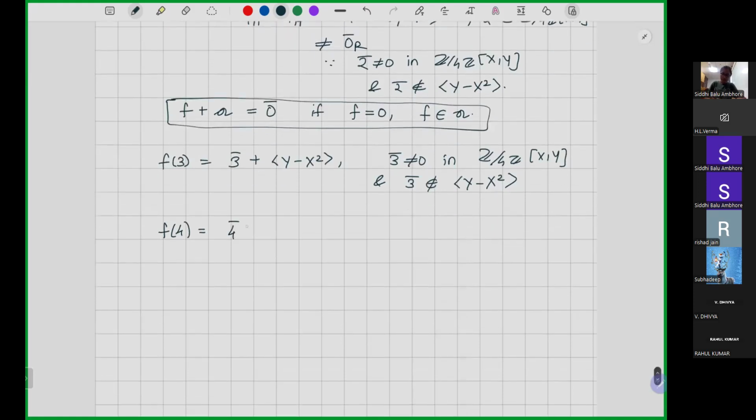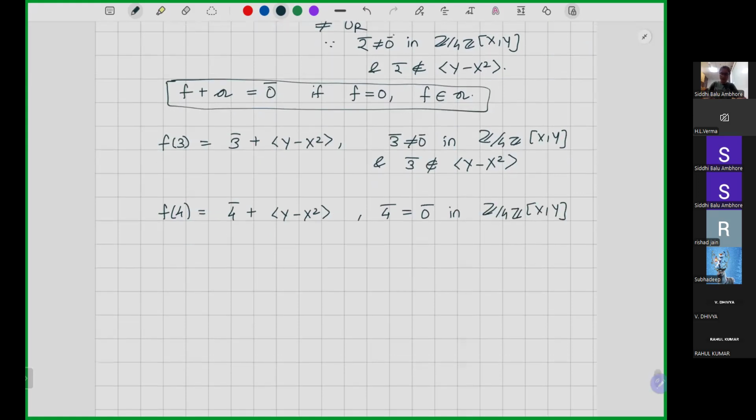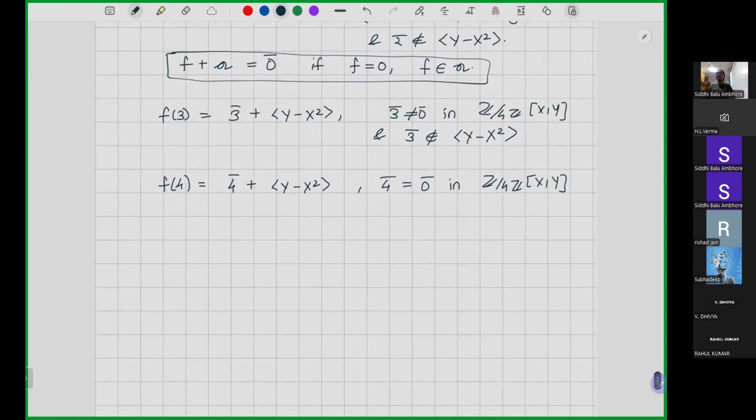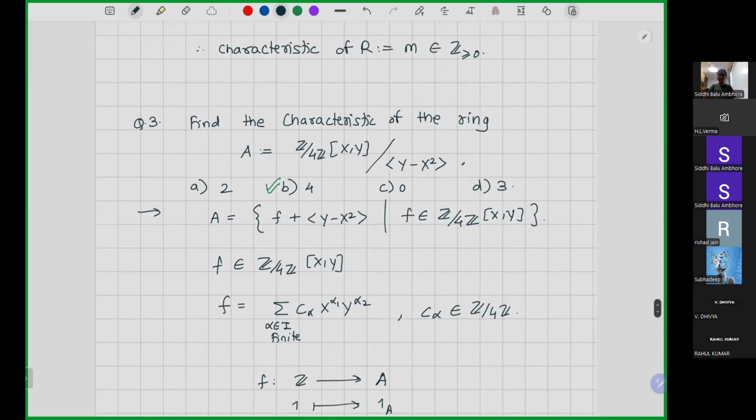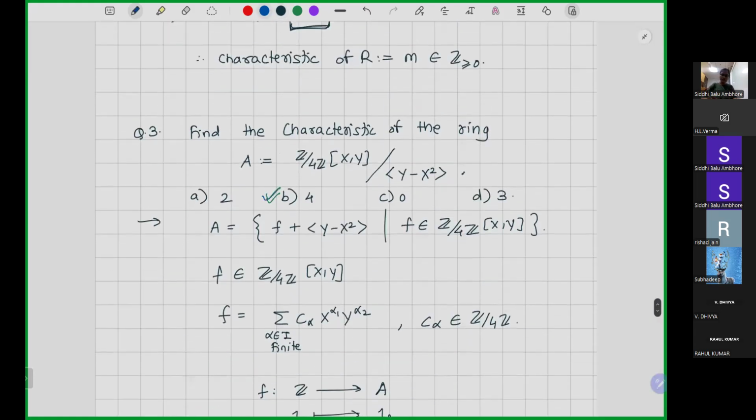It is 4 bar plus y minus x square, and in this case 4 bar is definitely 0 bar in Z mod 4Z, x comma y. Therefore, the least non-negative integer m where f of m becomes 0 is the characteristic of that ring. So as suggested by Subhadeep, this is correct, and 4 is indeed the characteristic of this ring.